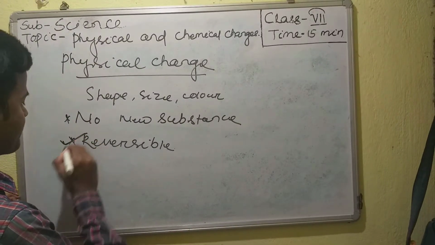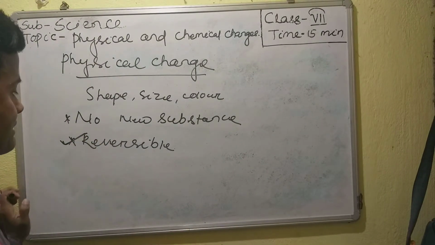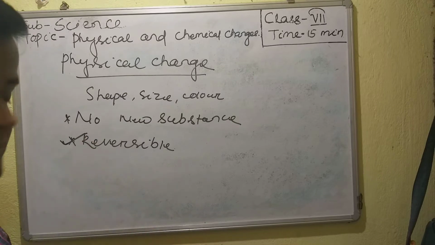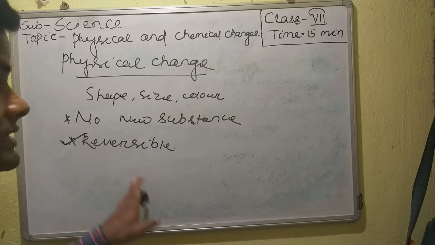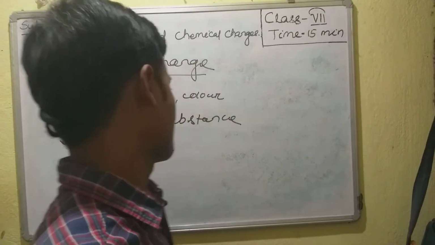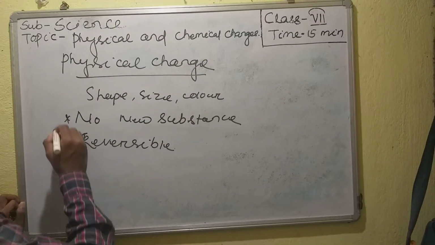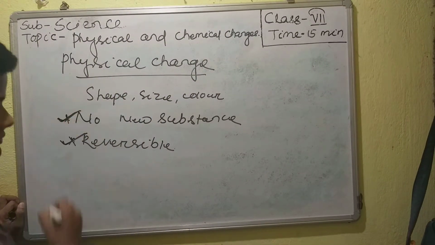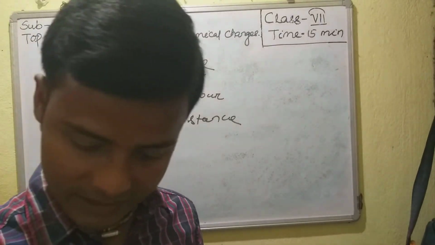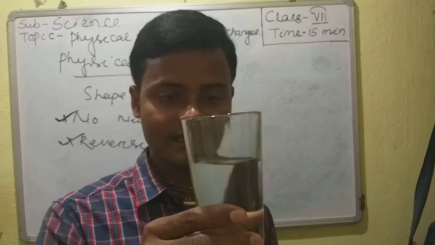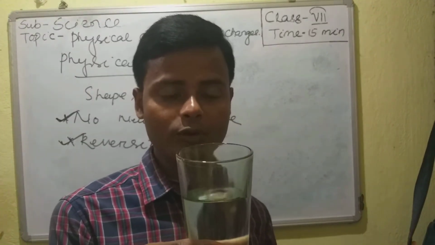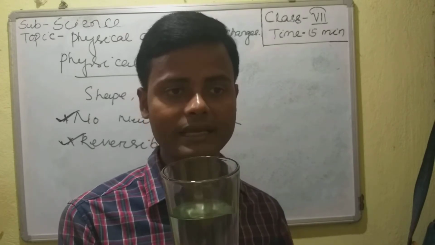Finally, we have seen in different activities that physical change is reversible, and in physical changes no new substance is formed. Suppose in this glass there is water, right? If you want to convert this water to ice, you can convert it.